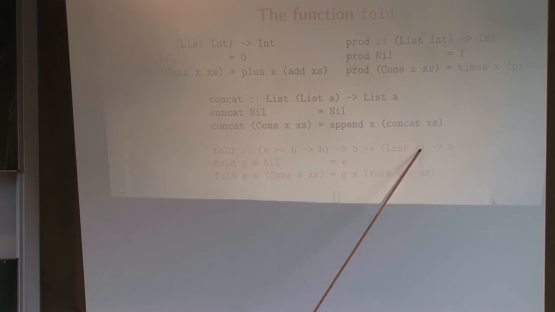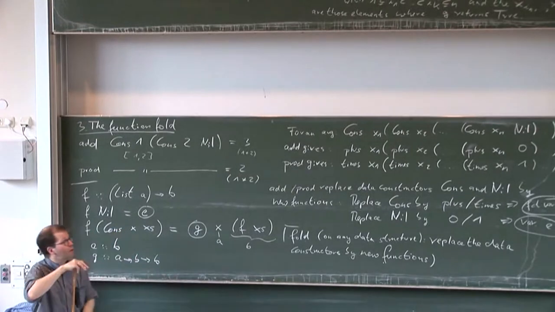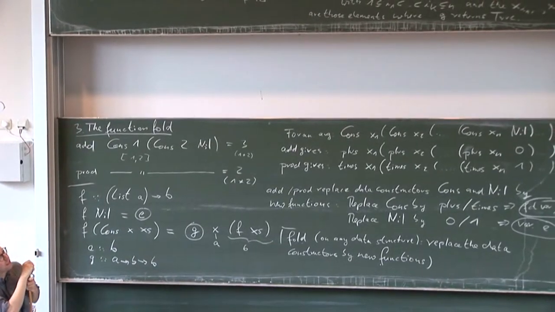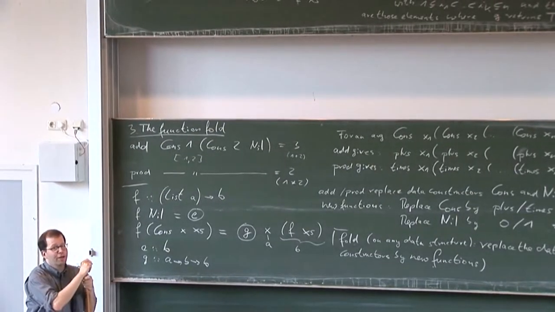So this would be the list which is modified, and then it has some result, namely this result thing b. So as you can see here, we've modified this list, but we need additional arguments for each data constructor. This one corresponds to cons, this one corresponds to nil. So you can write something like this on any data structure you like. Now, how would we now implement add and prod in a short way using fold?